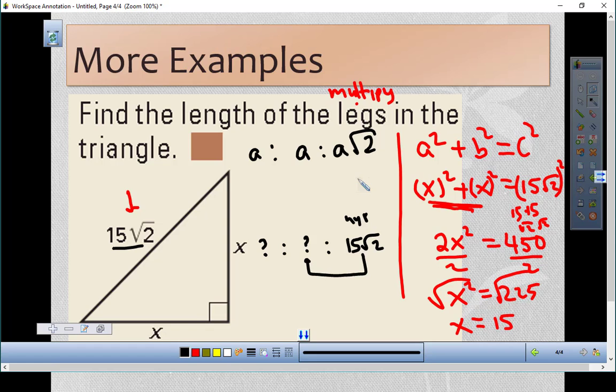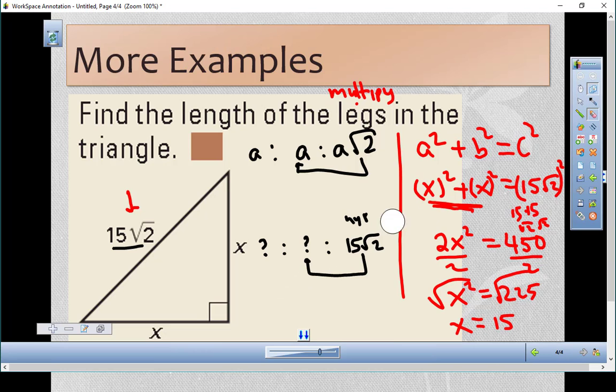Okay, I need your full attention if you're going to get this idea. How do you go from here over to here? Well, you have to get rid of that square root 2.